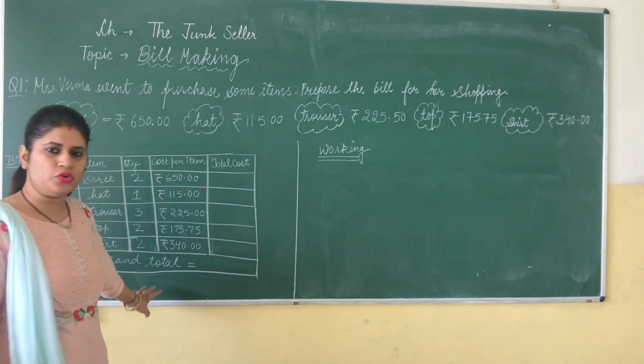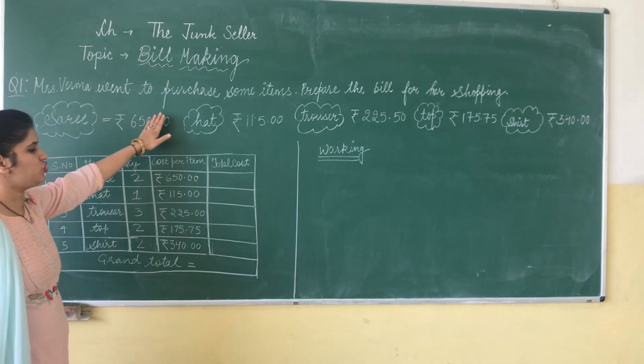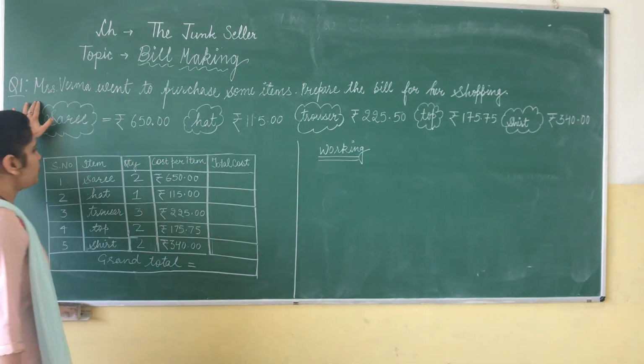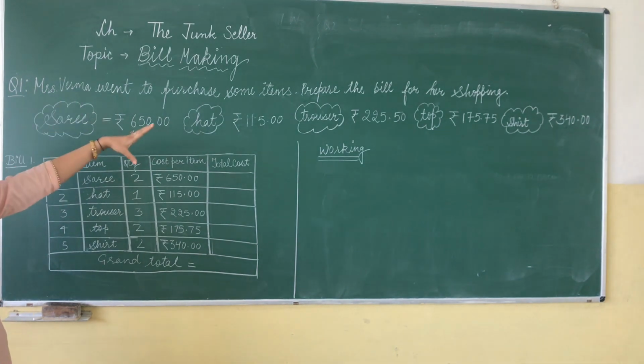So let's start with a question. Question number 1: Mrs. Verma went to purchase some items, prepare the bill for her shopping. She purchased some items and the items she has purchased are given below.